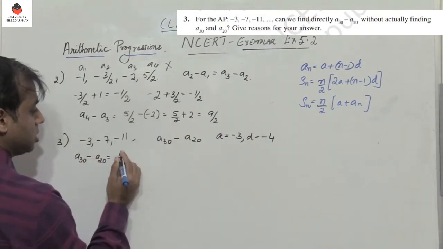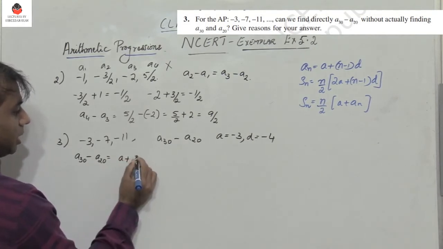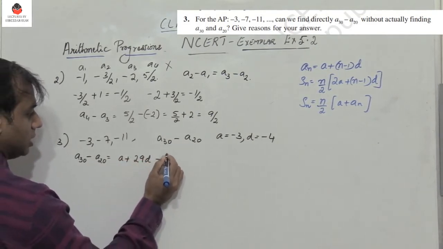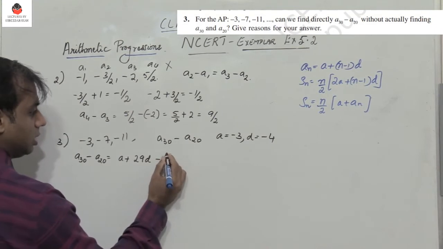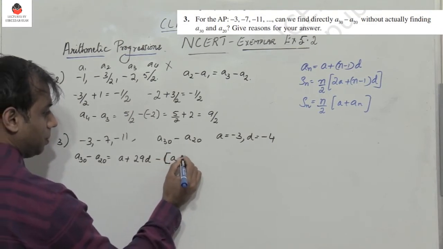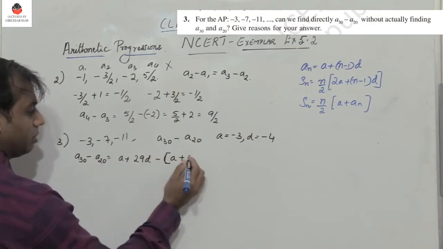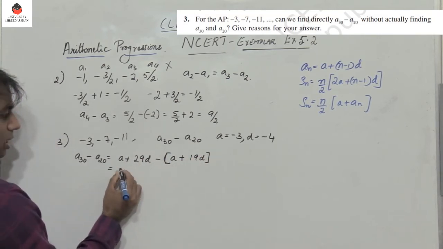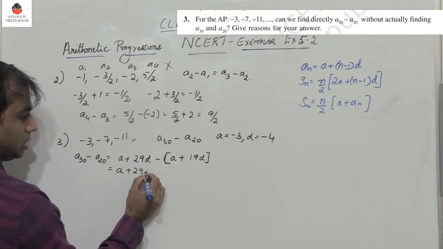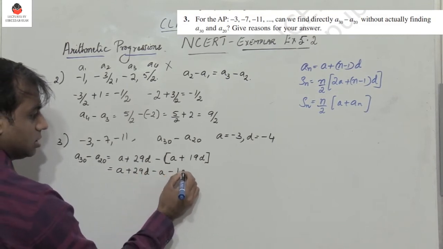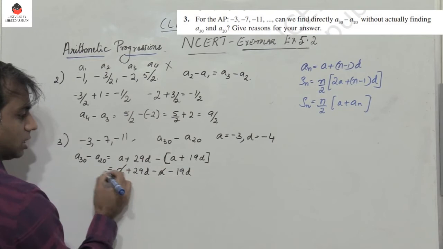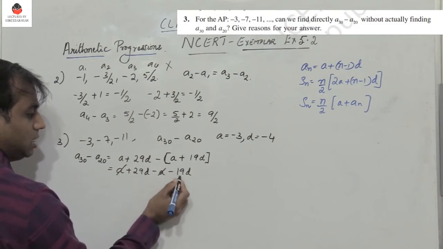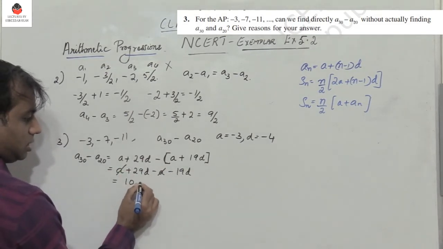By using this expression, it is A plus 30 minus 1, which is 29D, minus A20 is again A plus n minus 1, 20 minus 1, which is 19D. Let me remove the bracket, so I get A plus 29D minus A minus 19D.